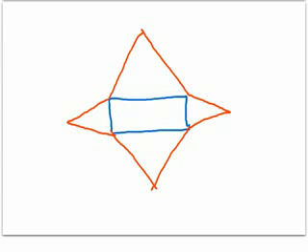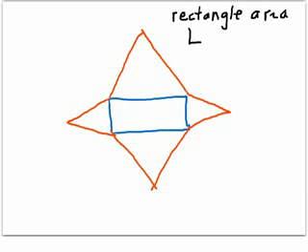There we go. Now I'm going to write down my formulas, or the ways that I am going to find the area of each of these shapes. So let's do that right here. I know that the area of a rectangle equals the length times the width.